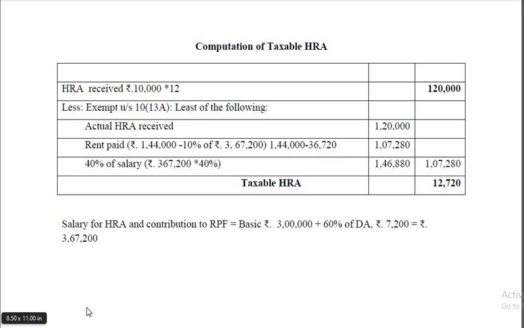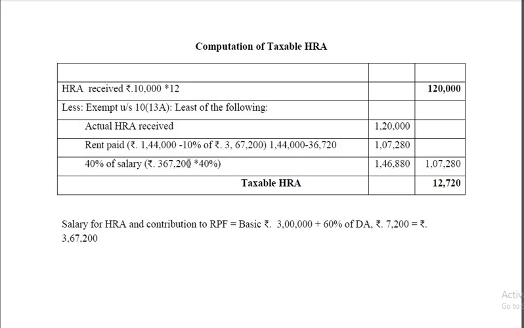Salary here means basic 3 lakh 60 thousand and 60% of DA, that is 7,200. Together 3,67,200. Of that 10% is 36,720. So the difference is 1,07,280.